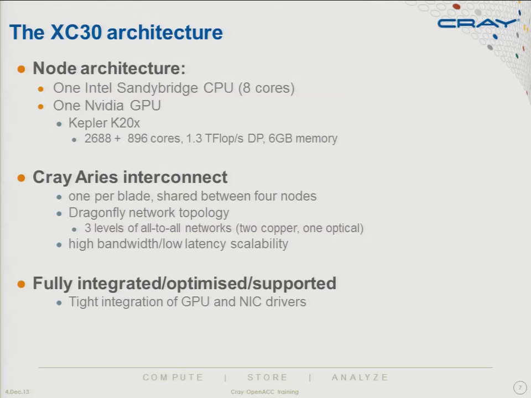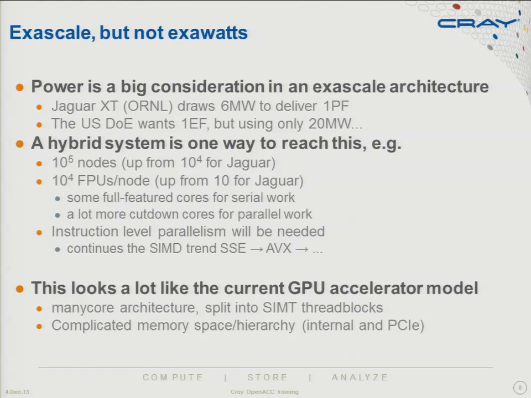On the node, you have one CPU, which on Piz Daint is an Intel Sandy Bridge, 8 physical cores, and it's got one Nvidia GPU, a Kepler K20X. Tödi has an AMD Interlagos CPU, but the same GPU. And it has the previous generation of interconnect, the Cray Gemini. For this course, that's not going to affect you because we're not really using the interconnect.